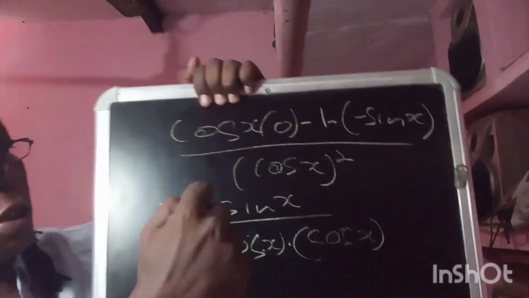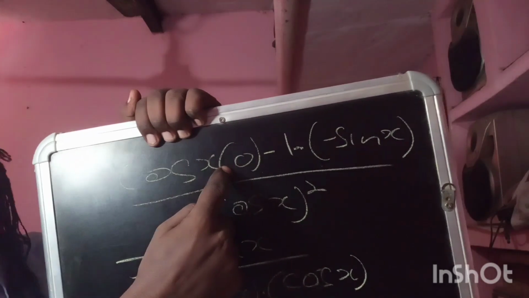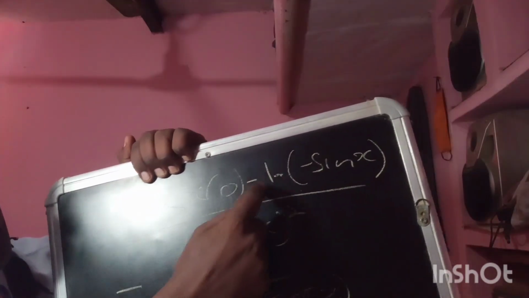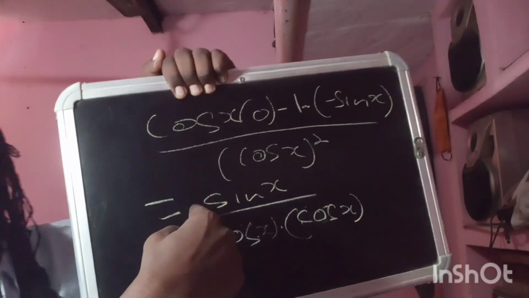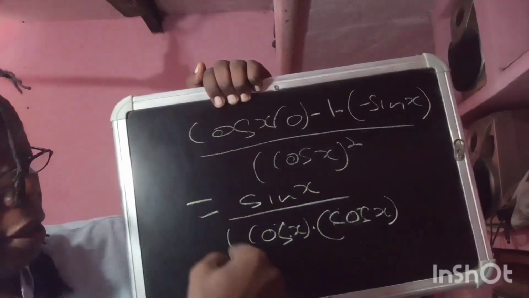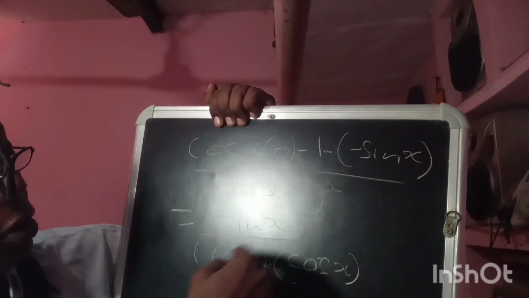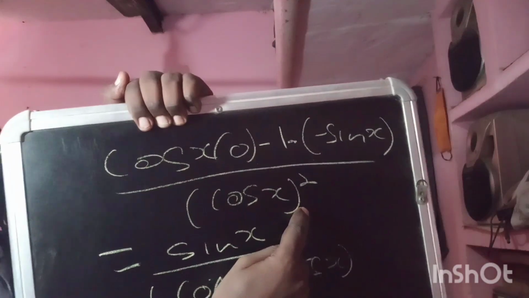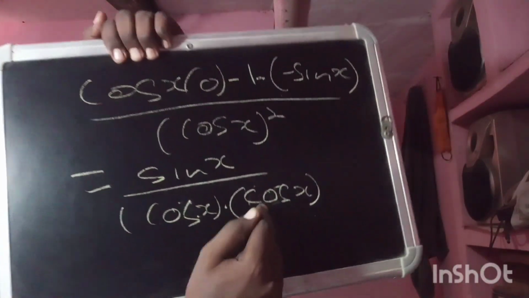We got it from up there because this one became 0. So this times this, we got just positive sine x, and then this is squared. So that's why we have written like this.